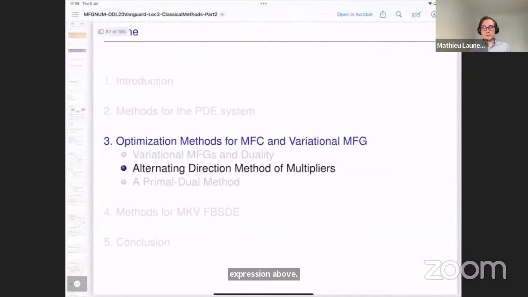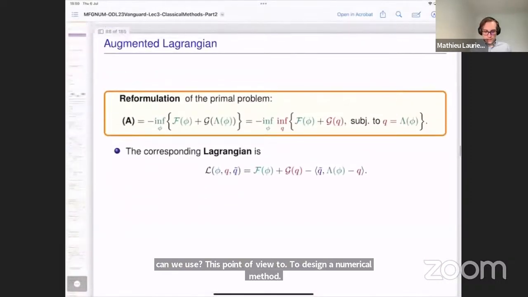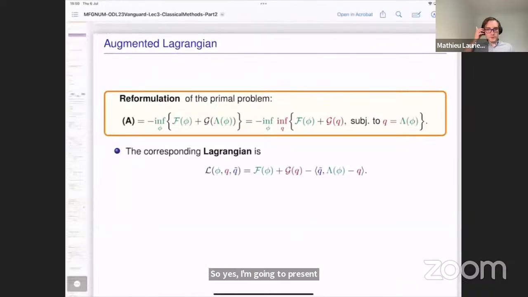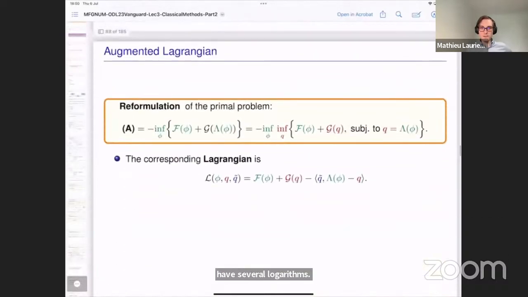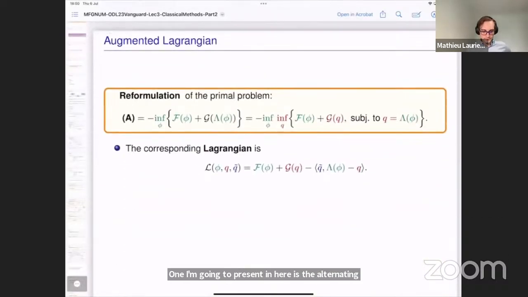So can we use this point of view to design a numerical method? Yes, I'm going to present two methods. The first one is the so-called augmented Lagrangian. I mean, it's based on the augmented Lagrangian, and you have several algorithms. The one I'm going to present here is the alternating direction method of multipliers, ADMM for short.